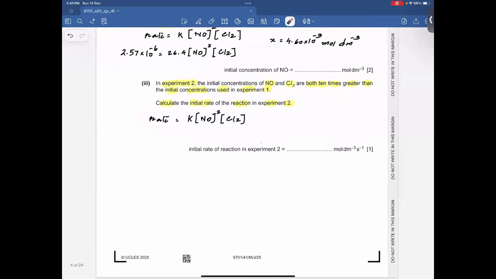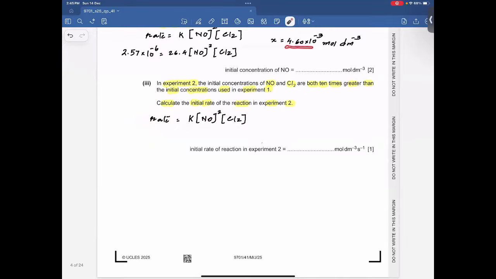So the concentration of NO is 4.60 into 10 to the power minus 3, multiplied by 10 because it is 10 times greater.